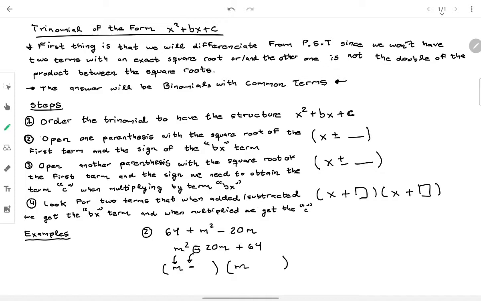Now, minus to become a plus, we will need another minus. Now we need to look for two terms such that when they get added or subtracted, we get minus 20, and when multiplied, we get a plus 64. Maybe in this one, it's kind of difficult to imagine some numbers. So what can we do?